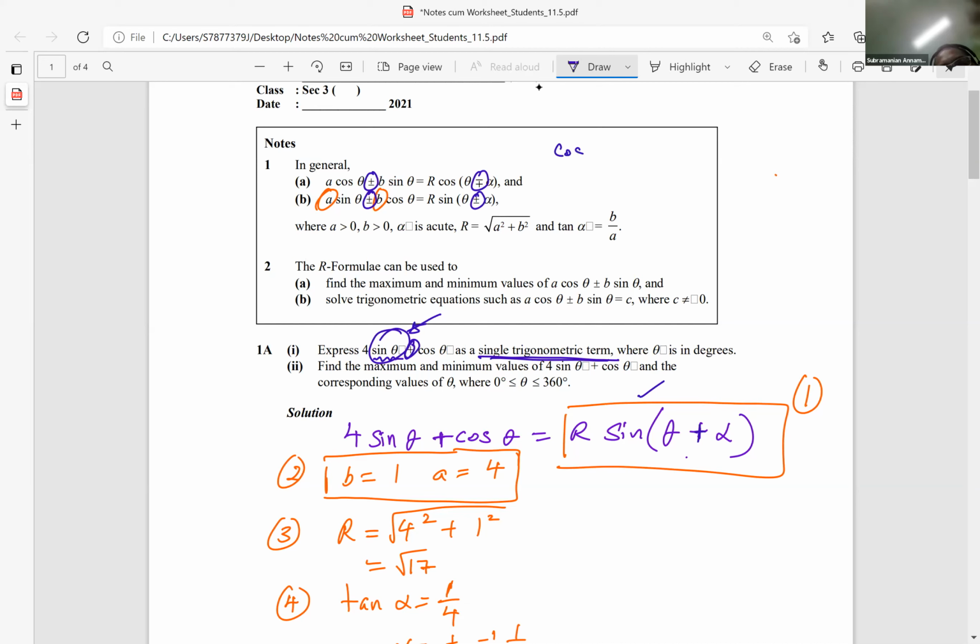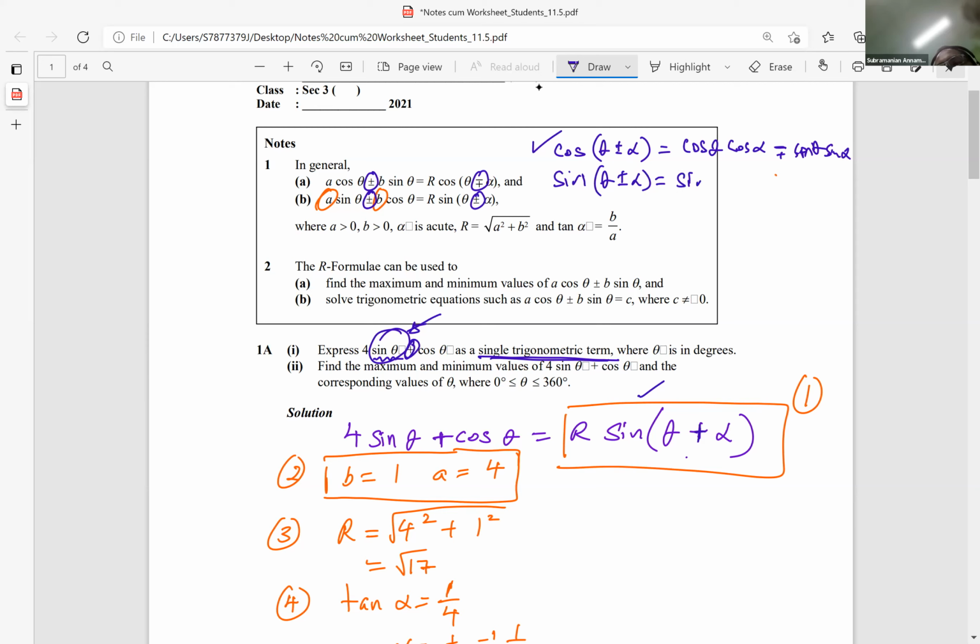If you still don't understand, then I do this for you. So this is cosine theta cosine alpha minus plus sine theta sine alpha. Do you understand this portion? This is the addition formula, correct? The same for this also.